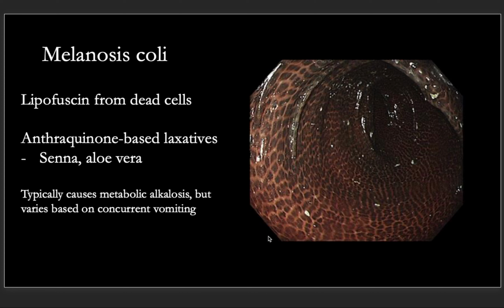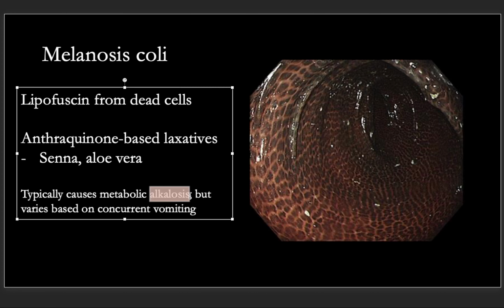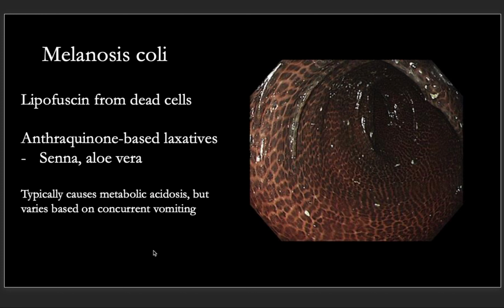Typically, when you have diarrhea, this causes a metabolic acidosis, but this varies based on concurrent vomiting. So with laxative use, you shouldn't think of a specific acid-base disorder, but just know that it could be one of a few.